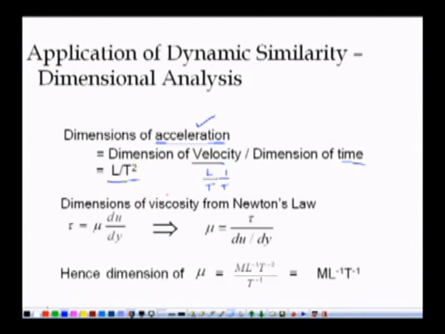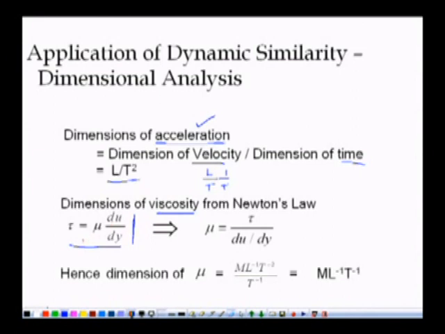Similarly, how do we get the dimension for viscosity? This can be done with the help of Newton's viscosity law. As per Newton's viscosity law, which we studied in the very first chapter, tau is equal to mu du over dy. This law is valid for Newtonian fluid, right.